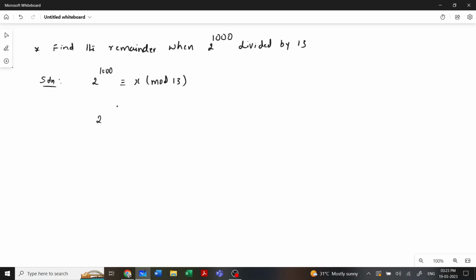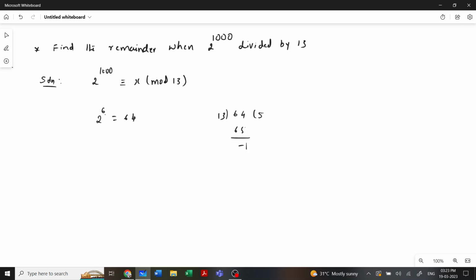If I go with 2 to the power of 6, that is equal to 64. Once you divide 64 by 13, 13 fives are 65, so you will get the remainder minus 1. So either plus 1 or minus 1, I can go with 2 to the power of 6.